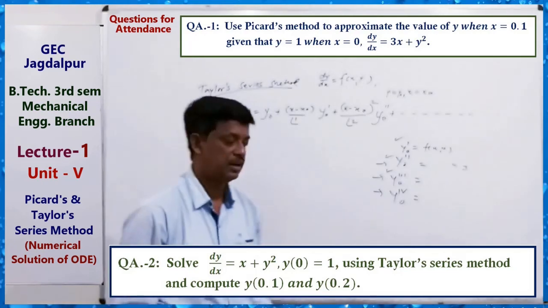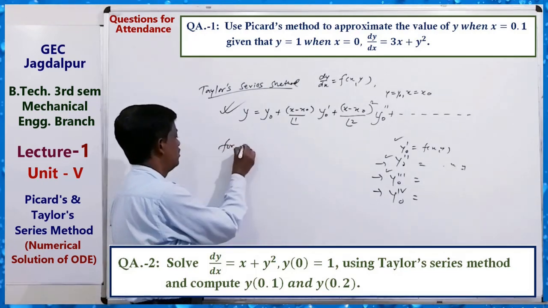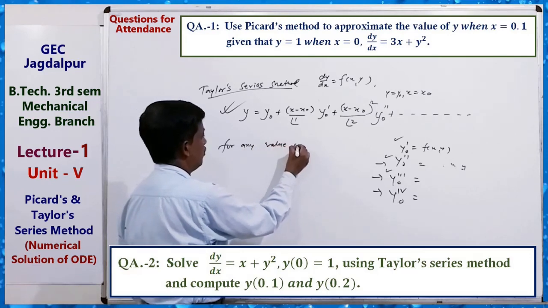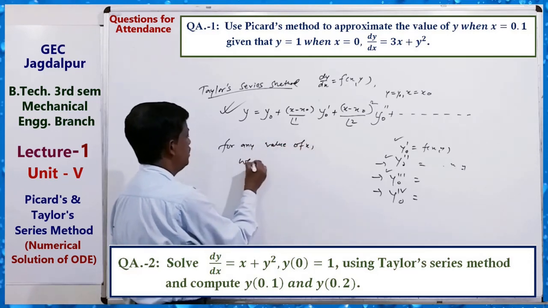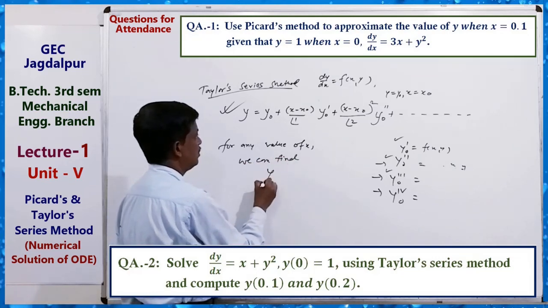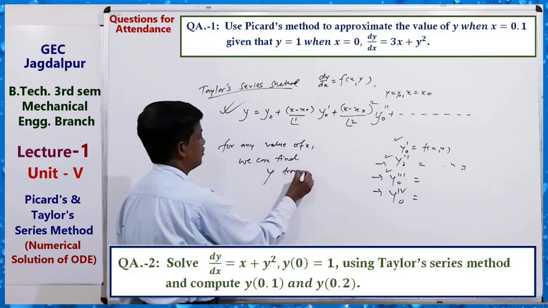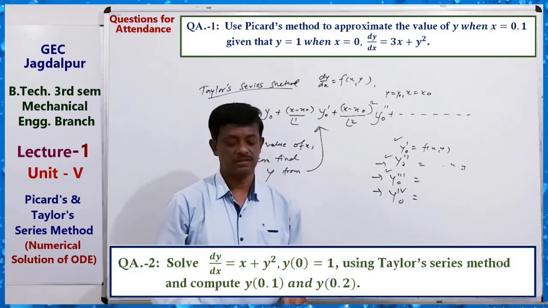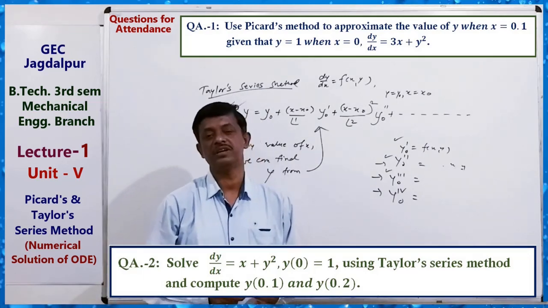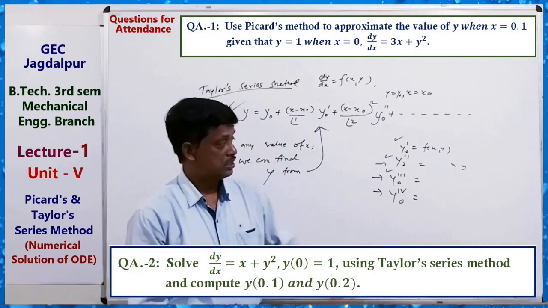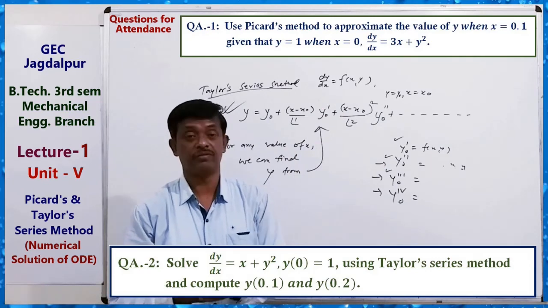And finally, for any value of x, we can find y from our series. That is the Taylor series. By using the Taylor series, we can approximate the value of y. Okay. So do these two questions and send me a PDF file for your attendance. Okay.